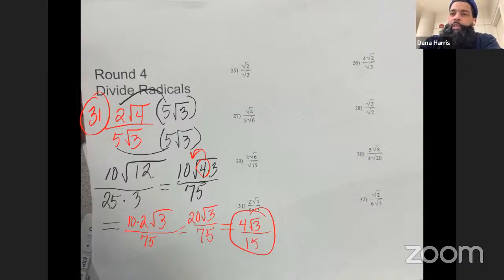And last but certainly not least, we got 32. We have the square root of 2 over 6 times the square root of 3. We're going to rationalize this. We're going to multiply by 6 square root of 3 in the numerator and the denominator.